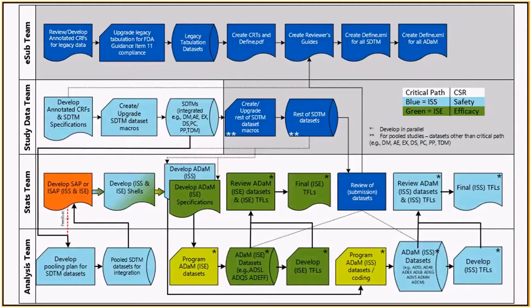Once we've got the shells, we can go ahead and develop the ADaM dataset specifications. And then from those specifications, we have some more macros and programs that will create the data sets. The data sets will be reviewed by a statistician before we go ahead and develop the TFLs and create the final TFLs, be it for an ISE, an ISS, or for a study.